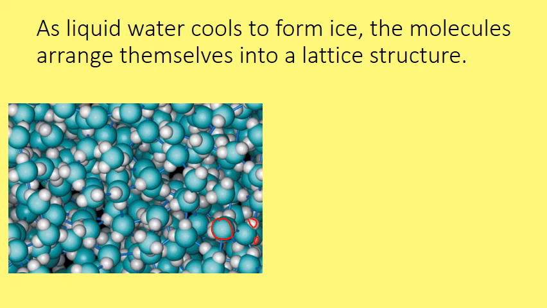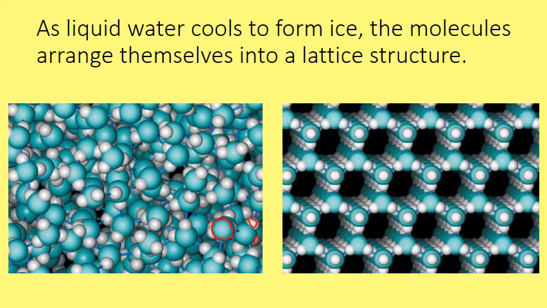And when they freeze, the hydrogen bonds fix the water molecules in position such that they look like this in a regular crystal lattice, which to the human eye might look like a snowflake.